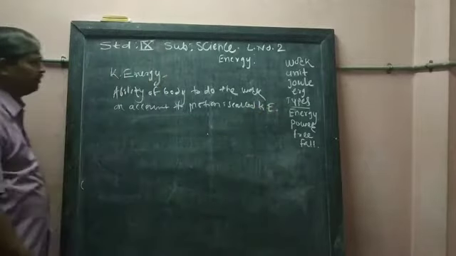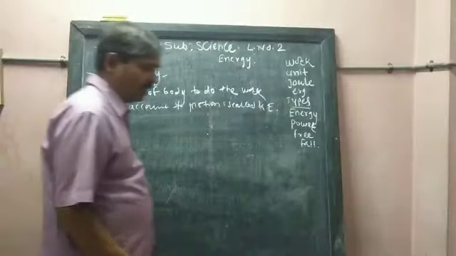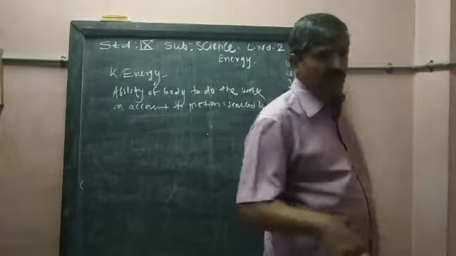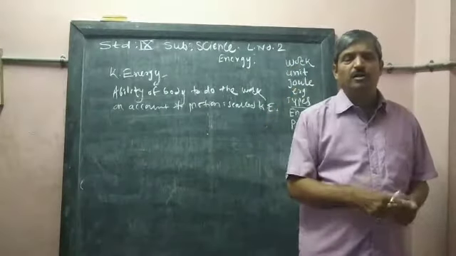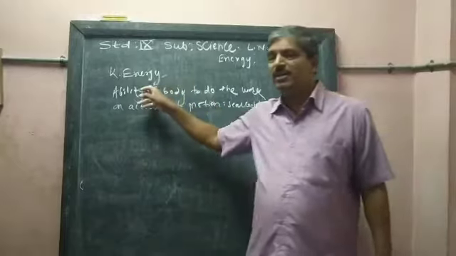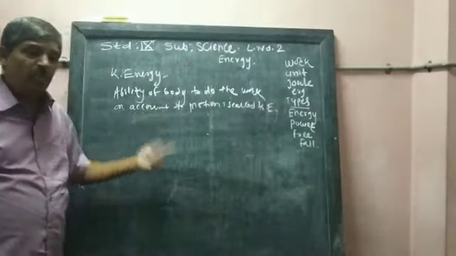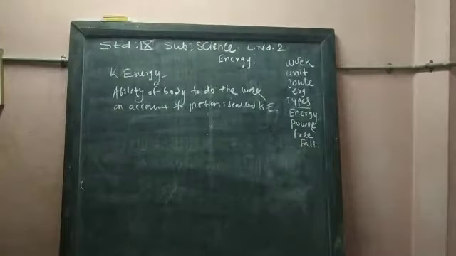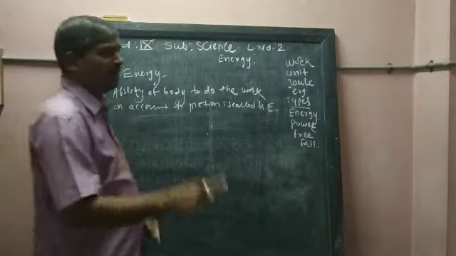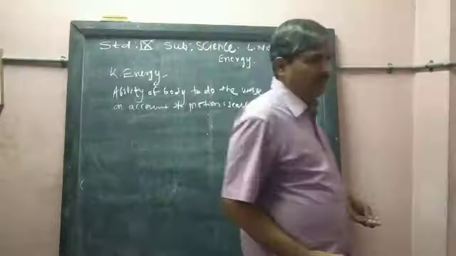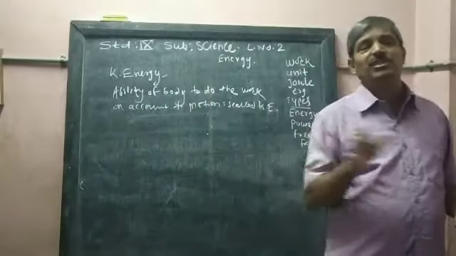Understand what I told? Ability of the body possesses energy on account of its motion, that is called kinetic energy. Understand? Here 2 types. Actually one definition I wrote and I said another one. As you like. Once you understand the concept, you can write in your own language. No compulsion that you should write as it is from the textbook.